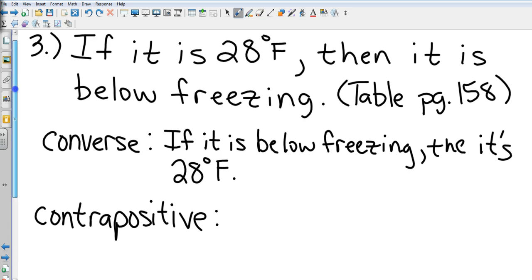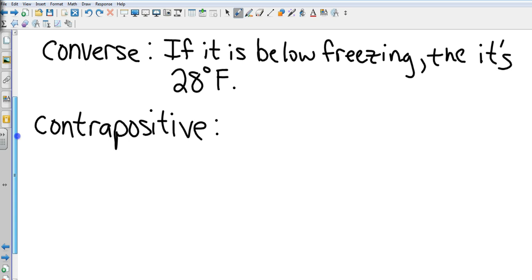And then the contrapositive is going to do what to your converse? It's going to flip my original statement and negate it. So since this is already flipped, I'm just going to negate the converse.